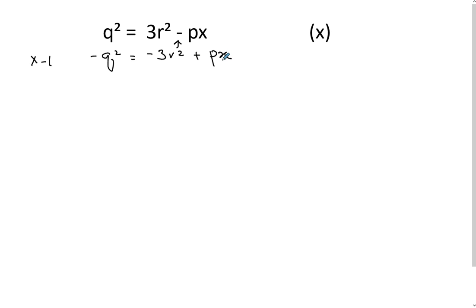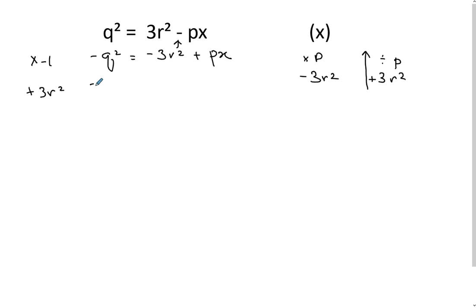Okay, now we want to make x the subject, so we've multiplied by p, and then we've minused 3r squared. So now we're going to go backwards and do the opposite. So we're going to add 3r squared and we're going to divide by p. Okay, so add 3r squared.